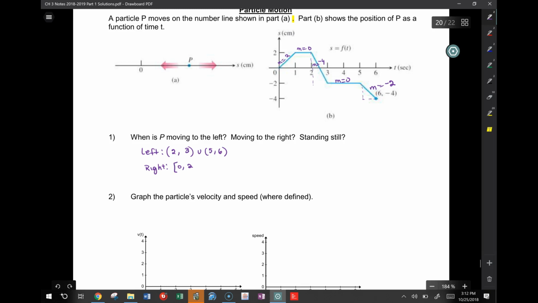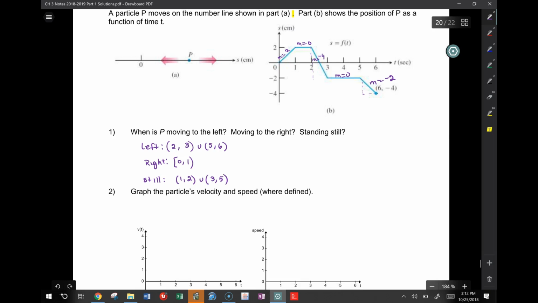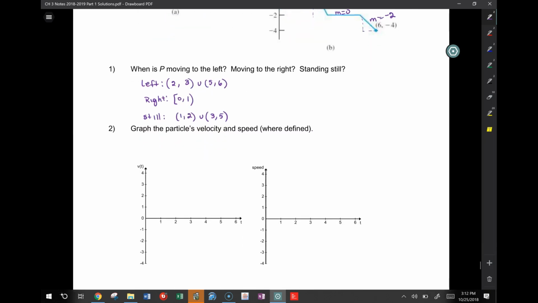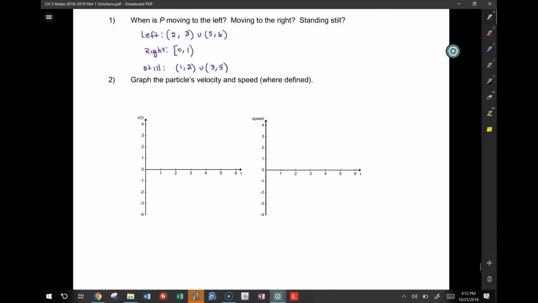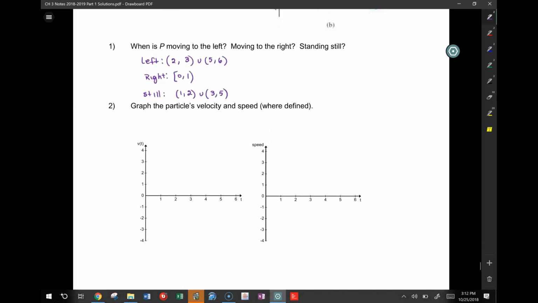We close the endpoint, 0 to 1. And then when is it standing still? From 1 to 2 and 3 to 5. At the 6 and 2 you could close it, and at the 0 you could close it.